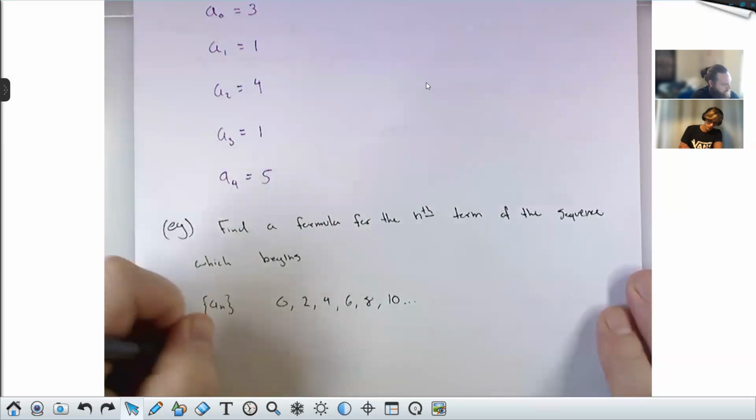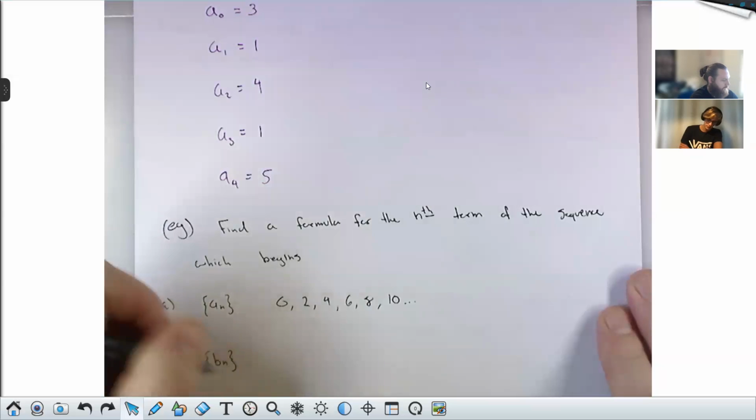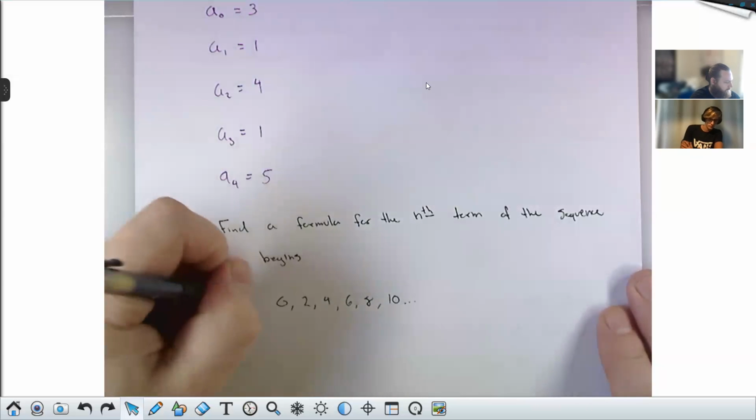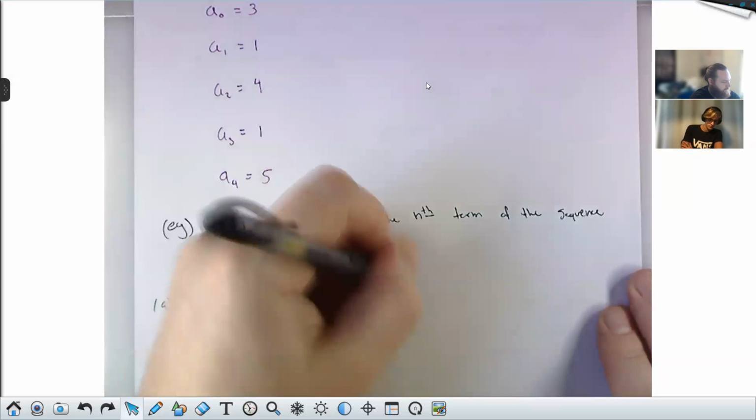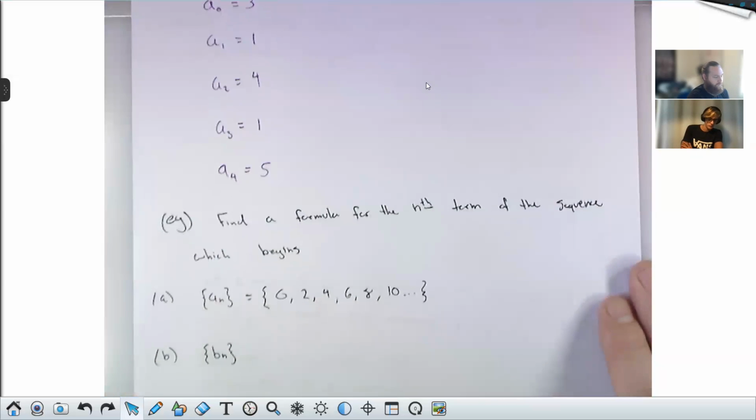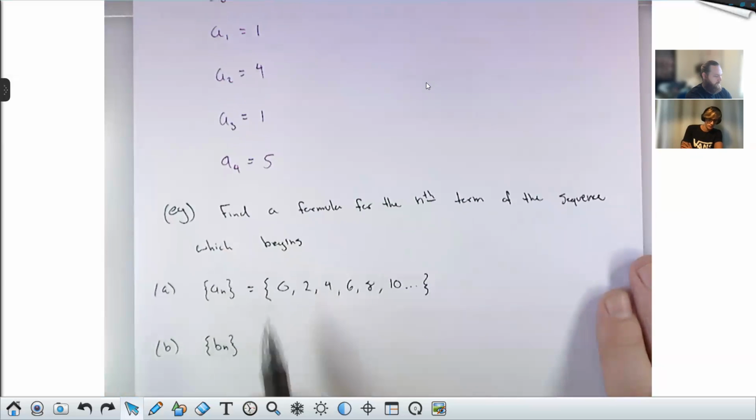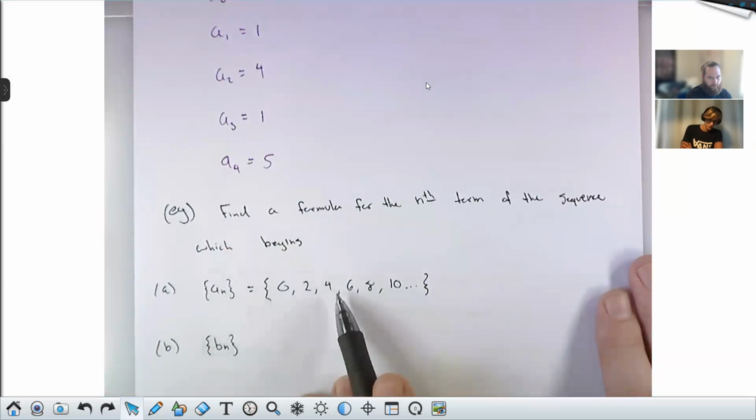And for part B, let's call the sequence Bn, and I'll just list out. I can even write it like this. You'll see this notation in the book, so I might as well share it with you. Sometimes when you see a sequence written out like this, they'll put it in the curly braces, and so this is the first term, the second term, the third term, and then we're referring to the whole sequence.